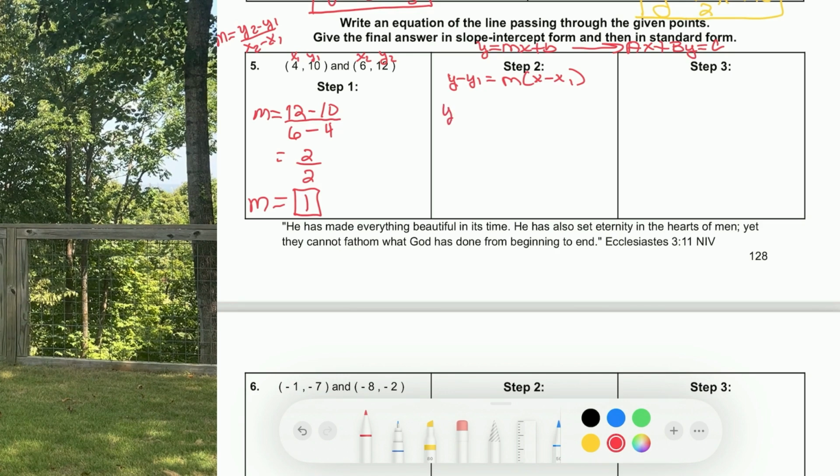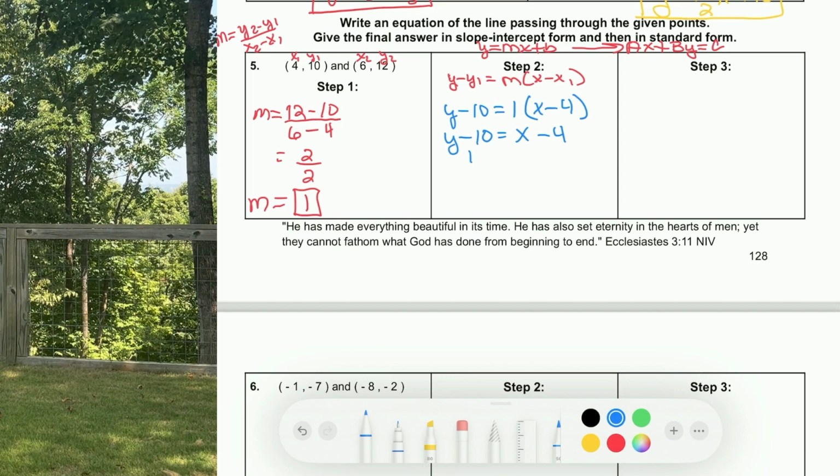So I have y minus, my y is 10. My slope that I found is 1. And then x minus my x value, which is 4. So I have y minus 10 equals 1 times x, which is just x. 1 times negative 4 is just minus 4.